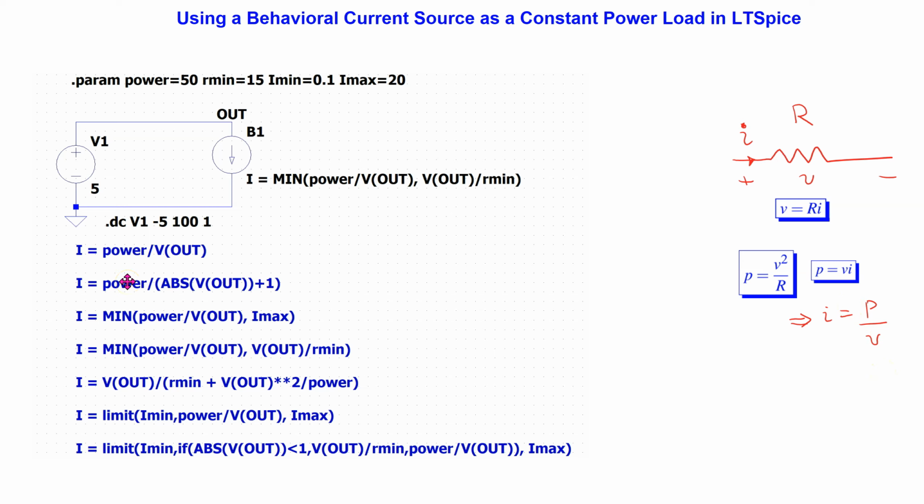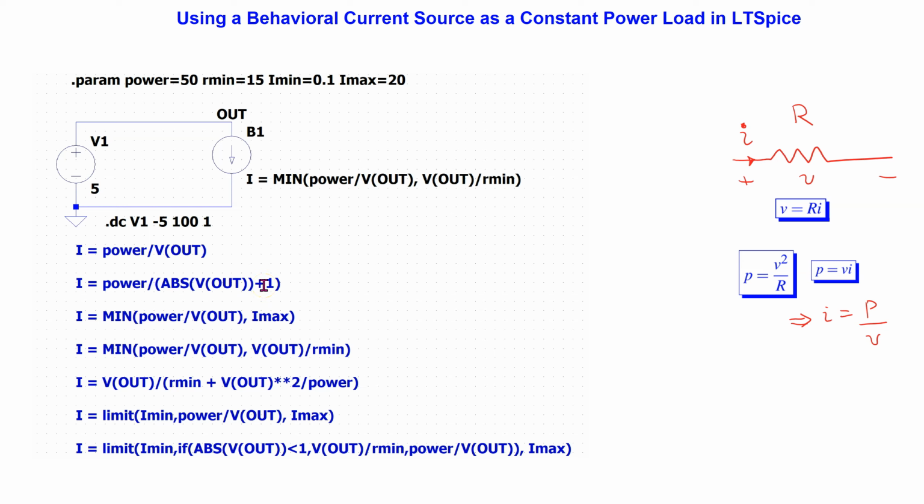Thus, if we set the magnitude of the behavioral current source as I equals power divided by voltage, we can simulate a constant power load. However, this simple expression blows up when the voltage is close to zero.